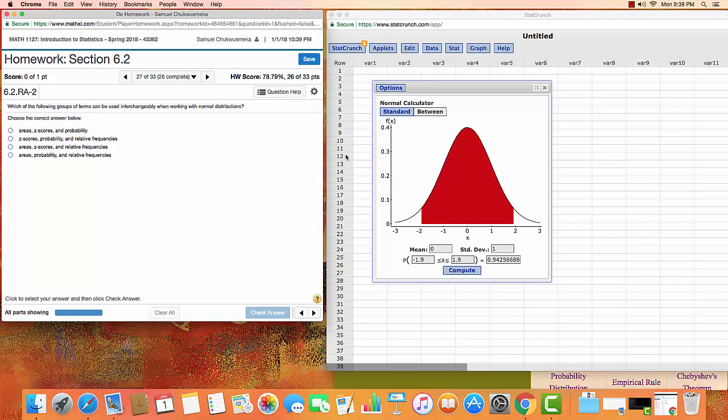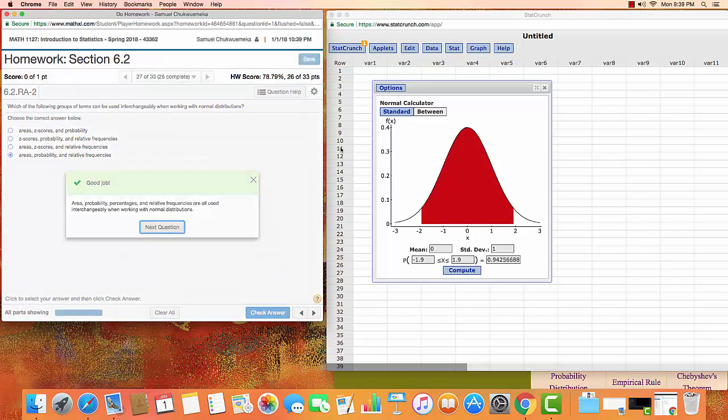Z-scores, probability, no. The last option, areas, probability, and relative frequencies, correct. Total area is 100% or 1. Total probability is 100% or 1. Total relative frequency is 100% or 1. Yes, so that's it.